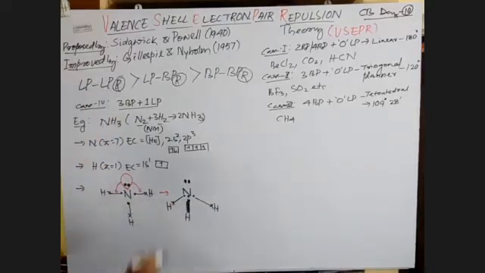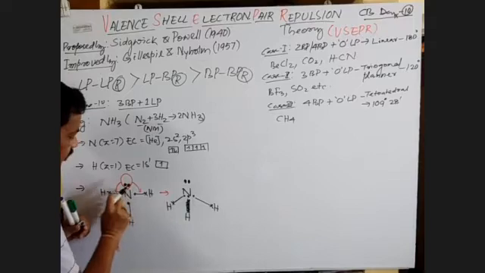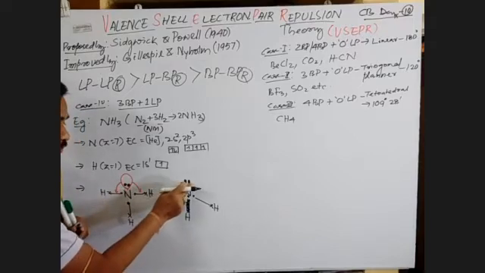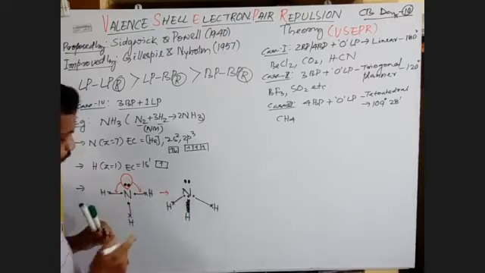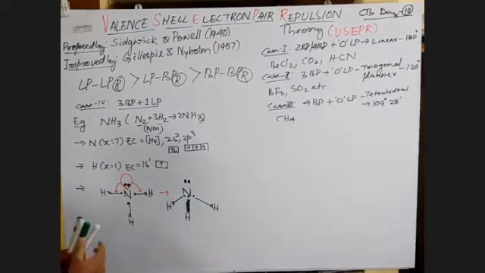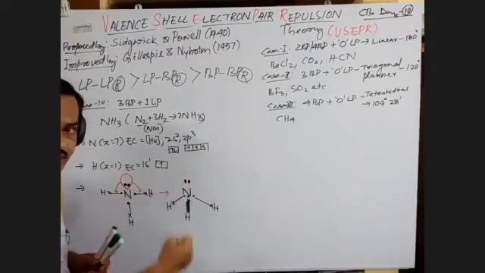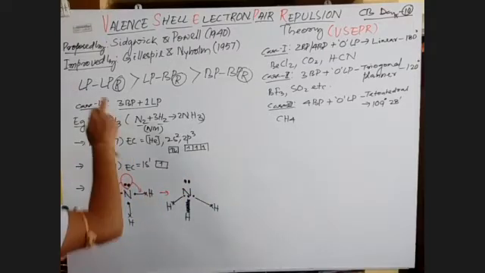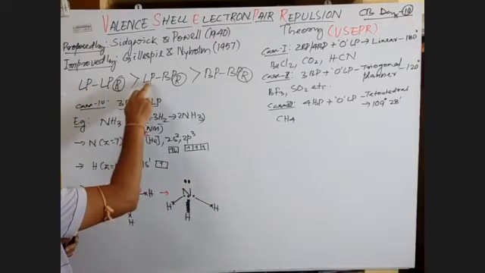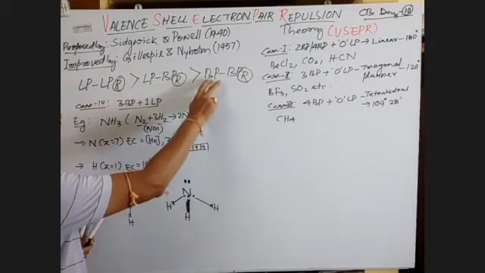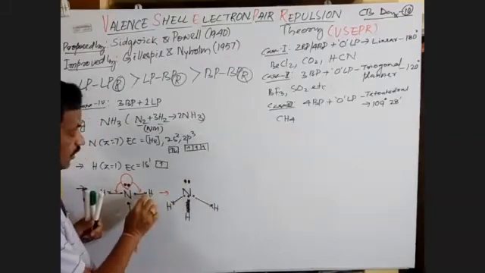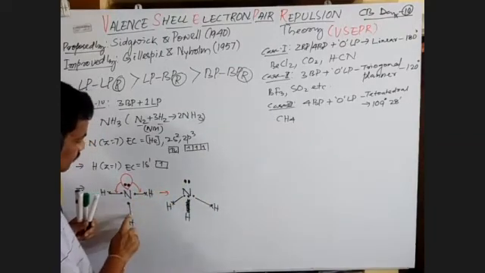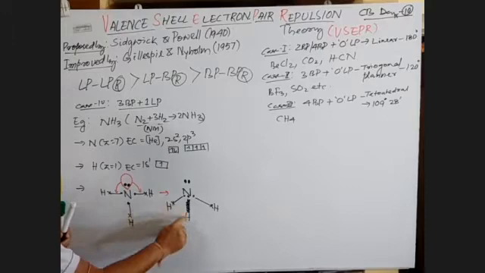Because of this repulsion, the lone pair repels the bonded pairs of electrons, and the bond angle will decrease, because lone pair repulsion is greater than bond pair repulsion. The lone pair repels the bond pair more than a bond pair repels a bond pair.